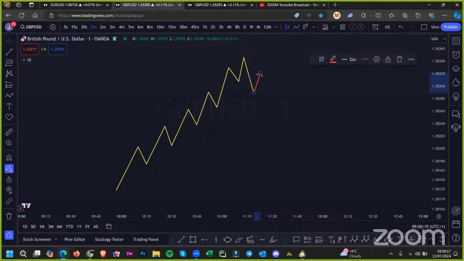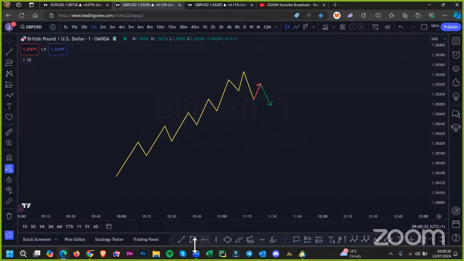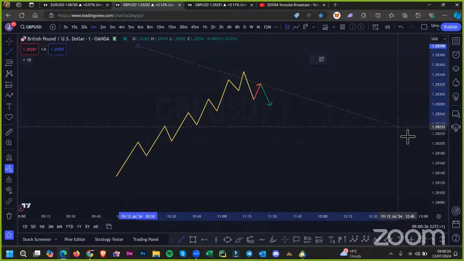And then we want to wait for a continuation, like so. But we have to make sure that this also coincides with our higher time frame narrative.